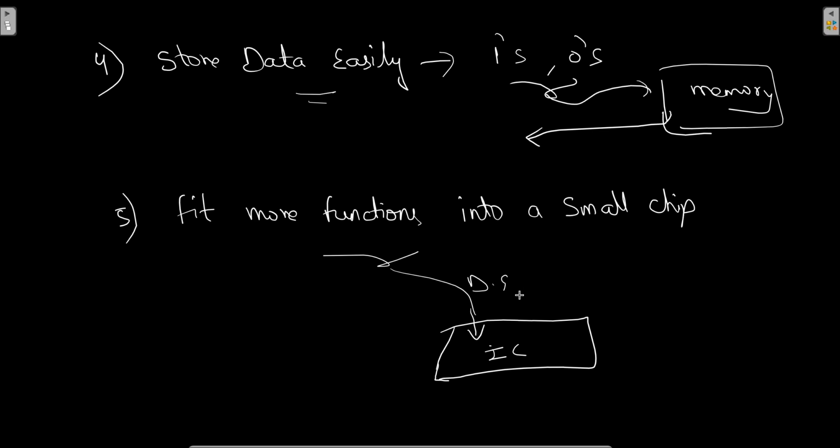It is made with billions and trillions of tiny transistors. So by placing all these things inside this IC, this IC chip can perform more, more complex functions. So digital supports integrating all these circuits into a small chip and performing the task easily.